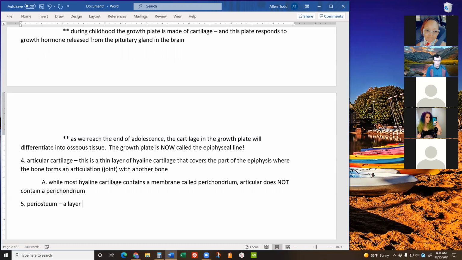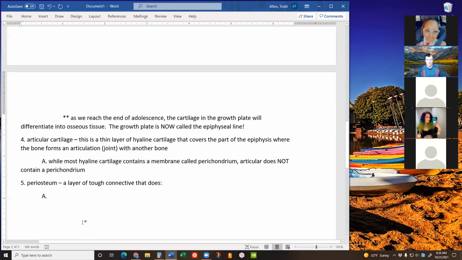The periosteum is a layer of tough connective tissue that does the following. First, letter A, it wraps around the surface of the compact bone. We haven't talked about compact bone yet, but you might recall it from your homework or reading about compact bone versus spongy bone.